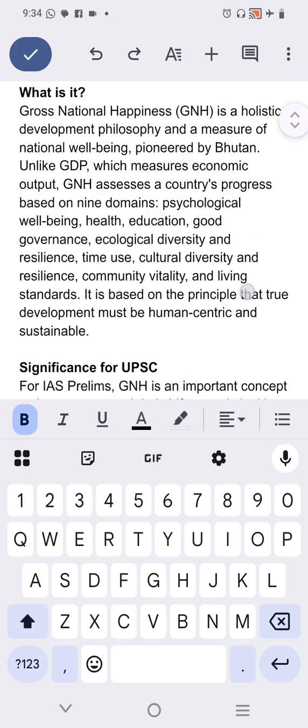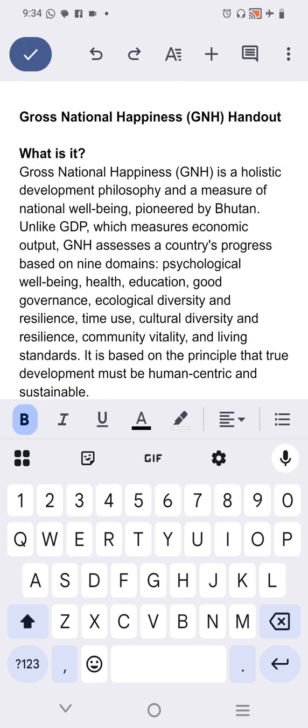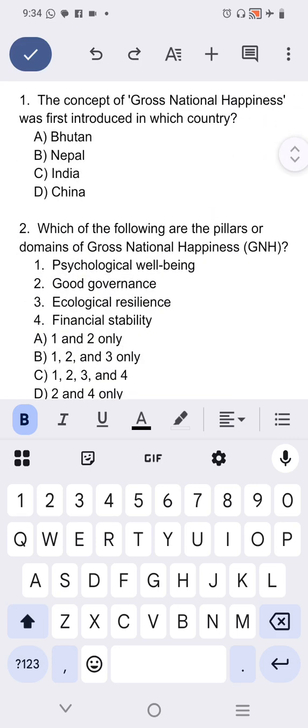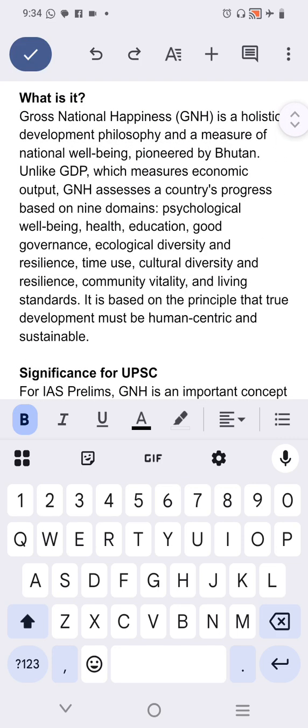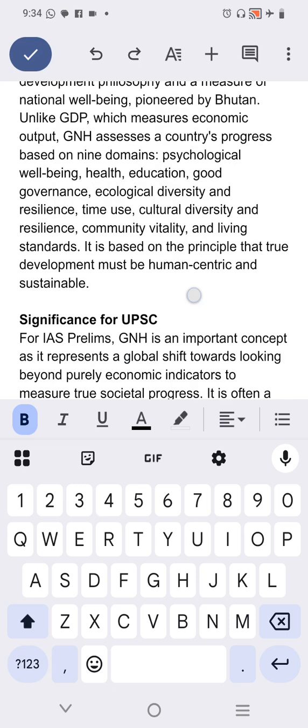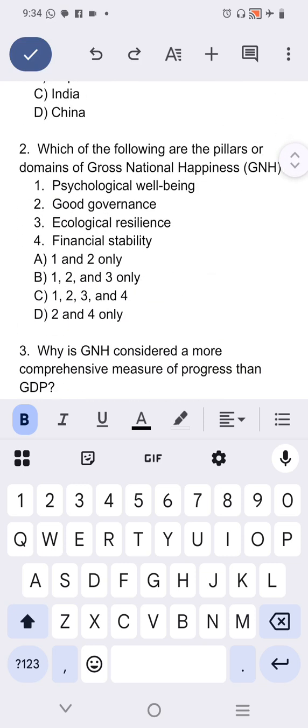If you look at the 9 domains, psychological well-being was there, good governance was there, ecological diversity and resilience was there. These three I could see, but I could not see financial stability. So 1, 2, and 3 is okay, and B is the right answer: 1, 2, and 3 only.